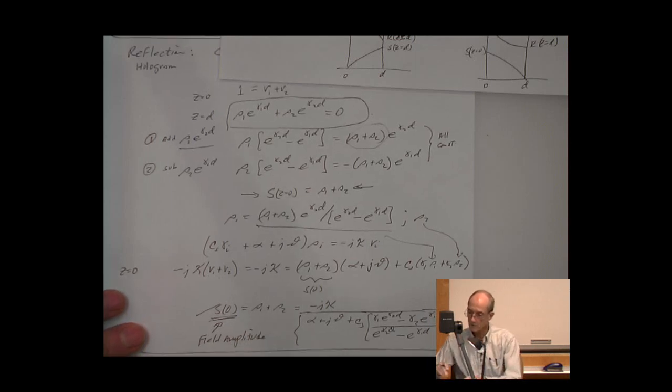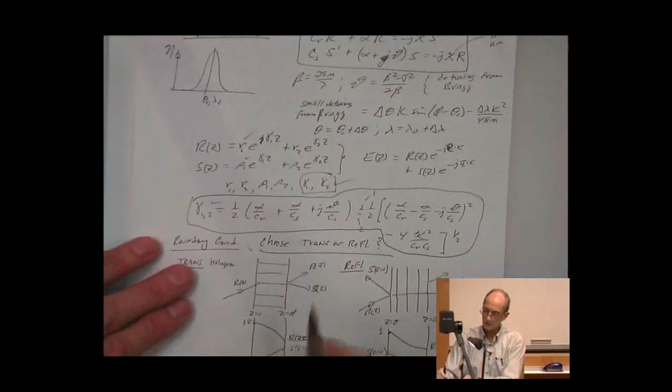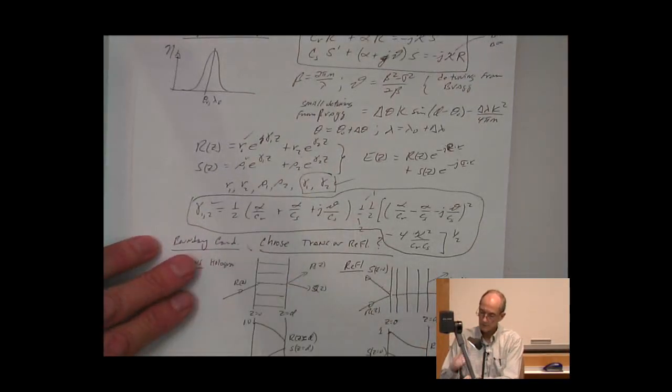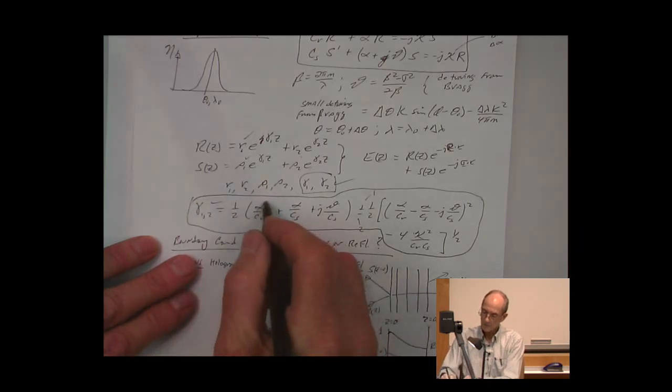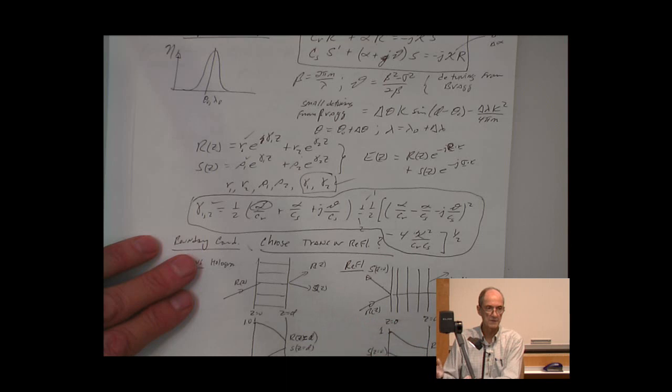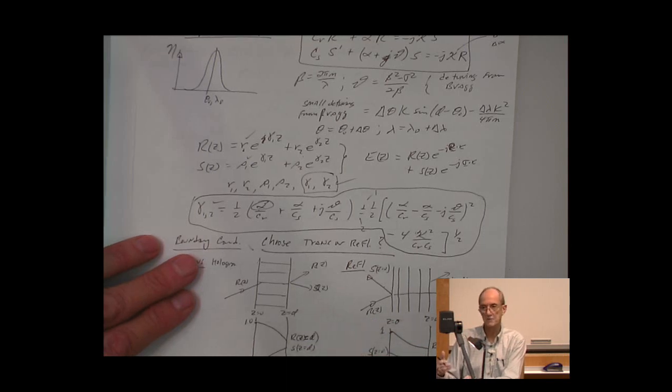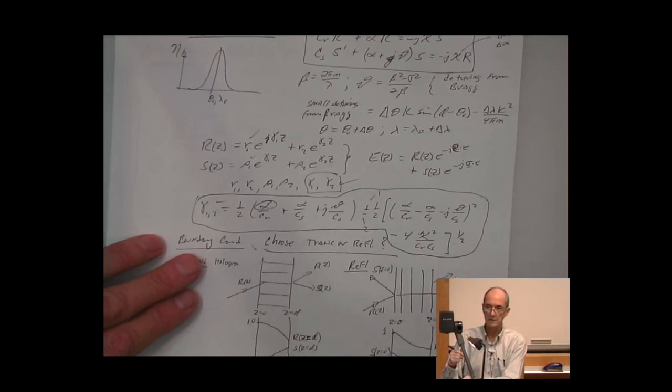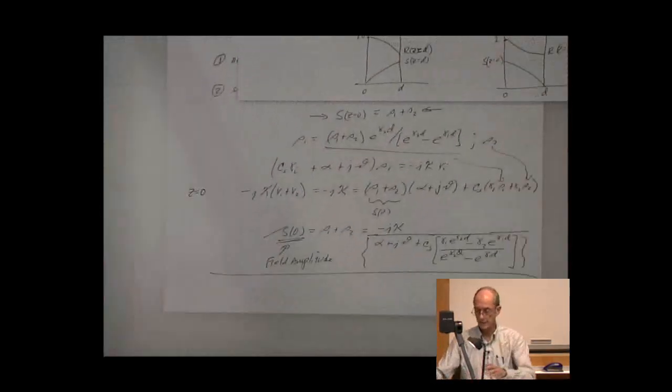And by the way, since we've defined all of this in terms of the fields, the alphas that we have here are also amplitude absorption, not intensity absorption, which makes a difference. There's a factor of 2 in what you have for the absorption term. And that comes up frequently when you're doing this.